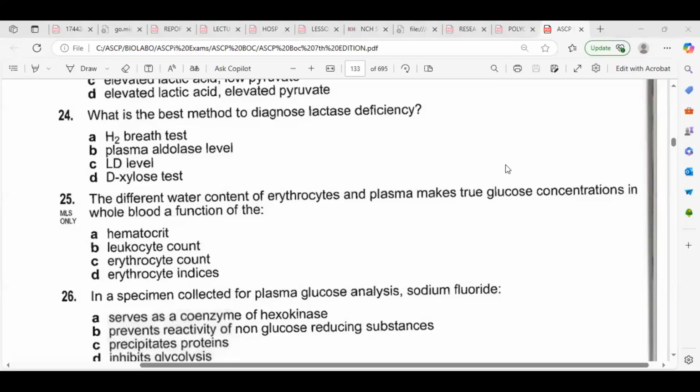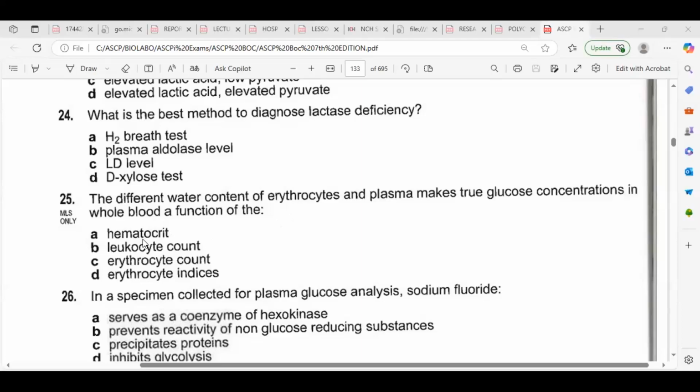When you are testing serum, the level is normal, but when you are testing whole blood, we would see around a 10% reduction of the concentration of glucose because of hematocrit. When hematocrit decreases, it would increase the concentration of glucose in whole blood.